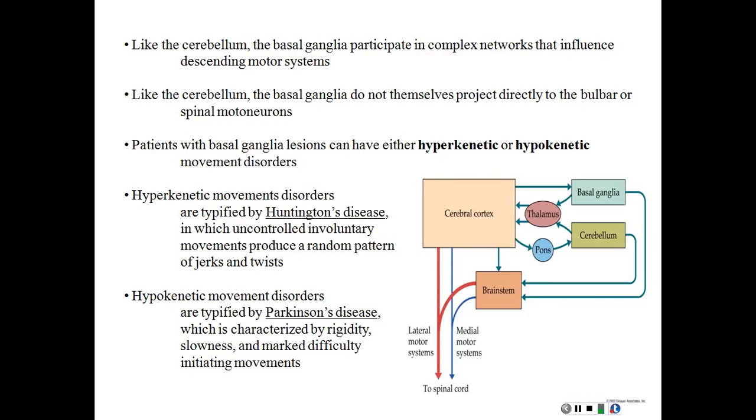Now, if we look at the basal ganglia in our schematic, and this is one of the first schematics I showed you, now we can really begin to fill in all the different names we've done. So here we actually have the cerebral cortex, which you know is that major outflow of information for our lateral and medial motor systems. Lateral corticospinal, medial, the anterior corticospinal, plus some helpers like vestibulospinal.